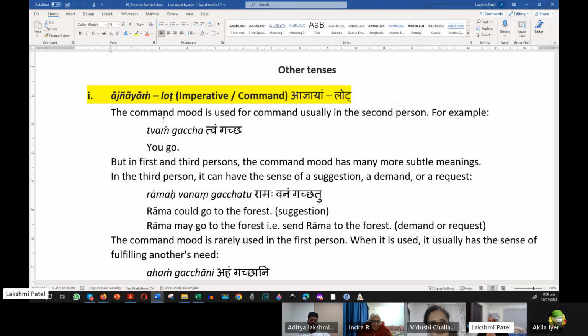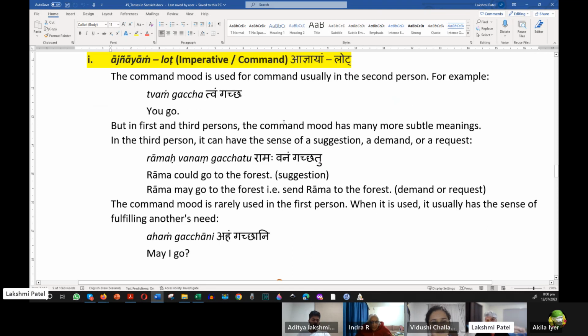No. So here, the gacchani, khadani becomes more like, instead of I may eat, it becomes may I eat? So aham gacchani, it becomes a question, usually. Instead of saying I may go, may I go? So you can convert it into a question as well there.